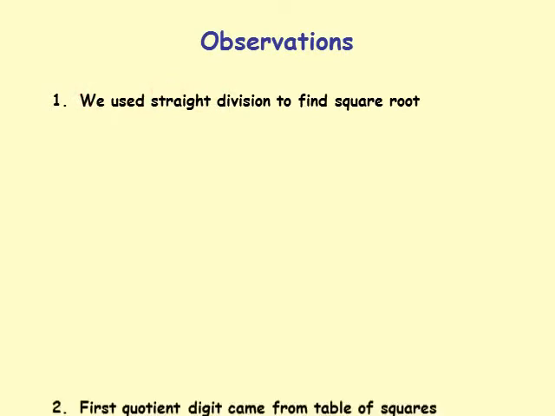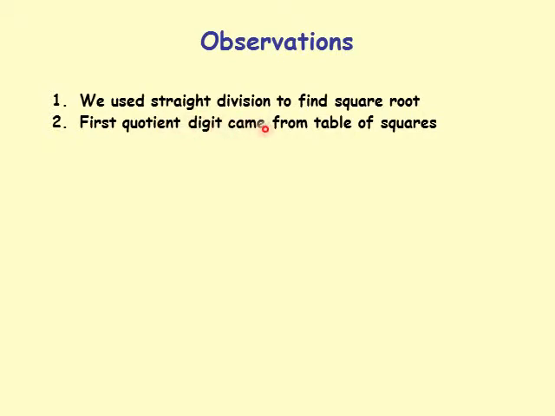Continuing with observations. From the previous section, we used straight division to find square roots, which we call vertically and crosswise division. The first quotient digit came from the table of squares, so we used the first principle for the first digit of the square root.